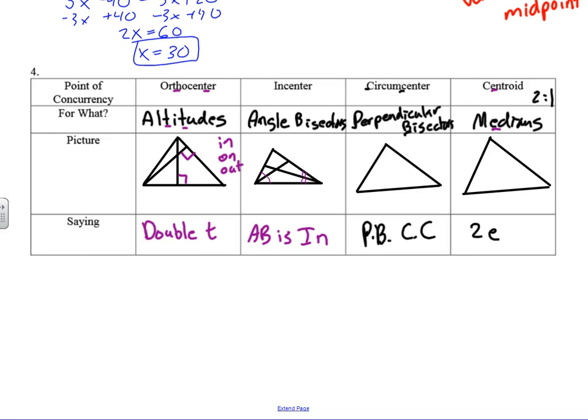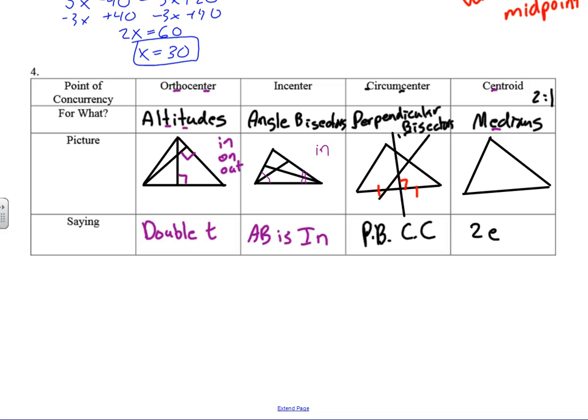That's always going to be inside, and that makes a circle on the inside of it, the inscribed circle. The perpendicular bisector does not necessarily have to come out of the vertex. That's the only one that doesn't have to come out of the vertex, but it's going to be perpendicular, form a right angle, bisector, go through those two sides.